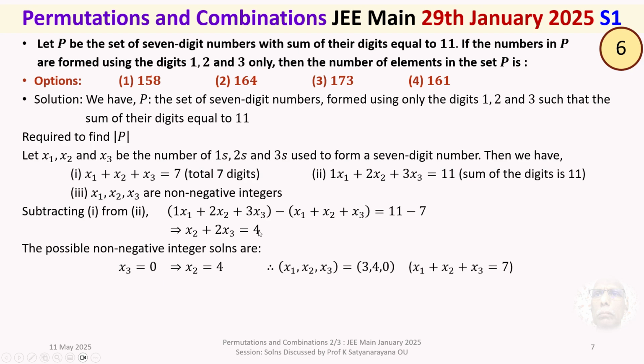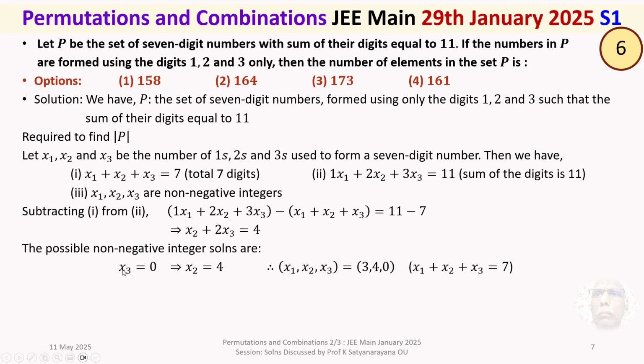When x3 is 0, substitute, x2 is 4. Then what will be the triple x1, x2, x3? x1 is the number of ones, x2 is the number of twos, and x3 is the number of threes.